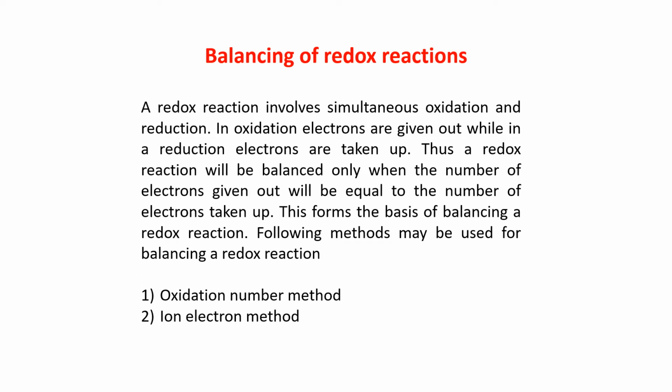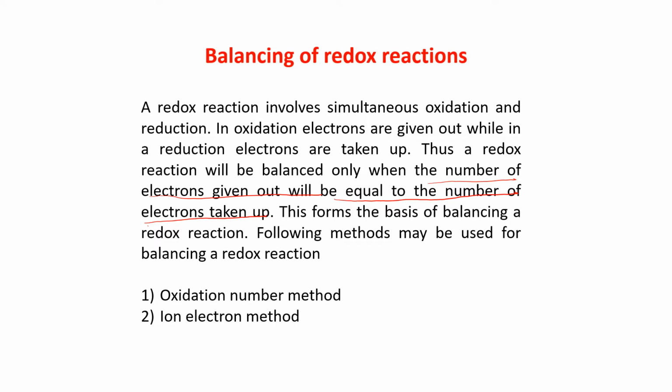Thus, a redox reaction will be balanced only when the number of electrons given out is equal to the number of electrons taken up. So this forms the basis of balancing a redox reaction.